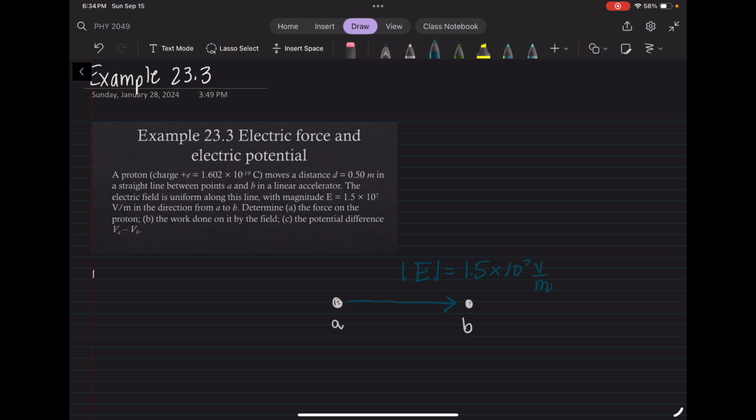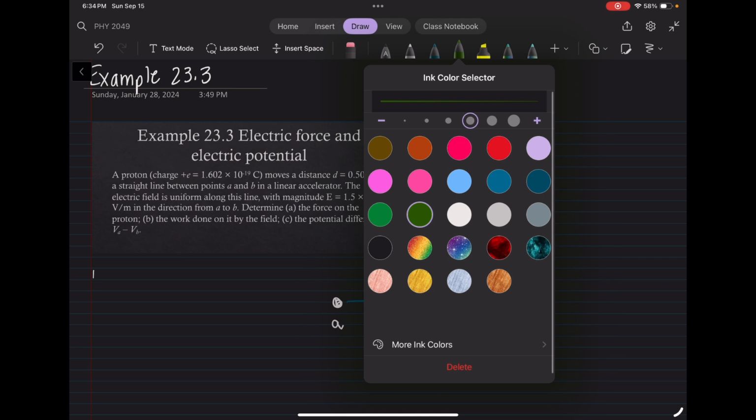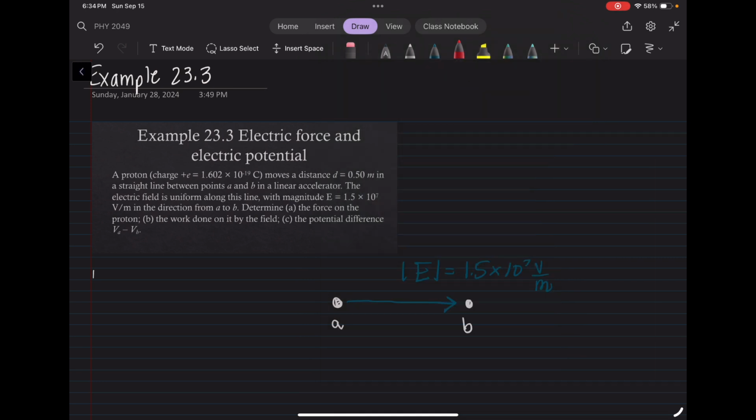Let's get a different color here. I like red for protons. So this proton is going to be moving this distance, d, of half a meter.